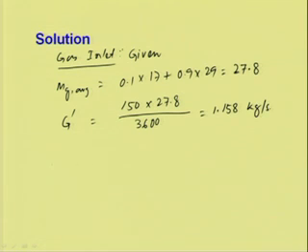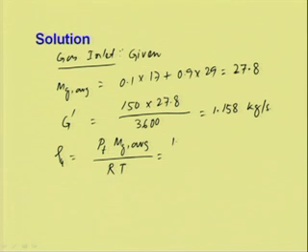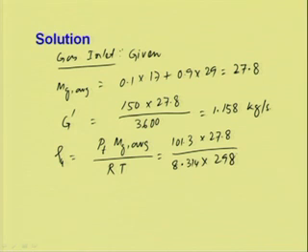Rho g is PT, the total pressure, times Mg average divided by RT, which is 101.3 × 27.8 divided by 8.314 × 298 Kelvin, equal to 1.137 kg per meter cube.